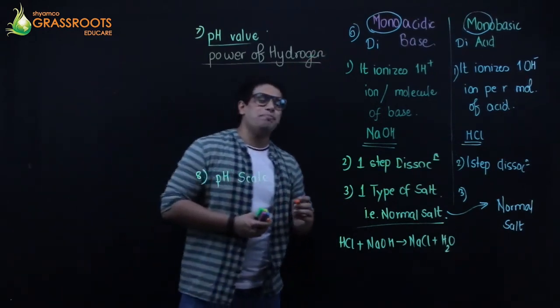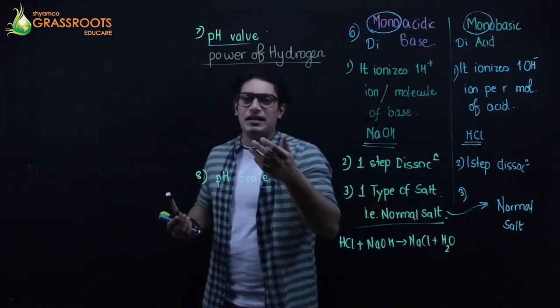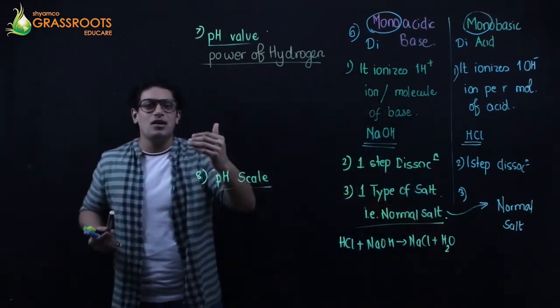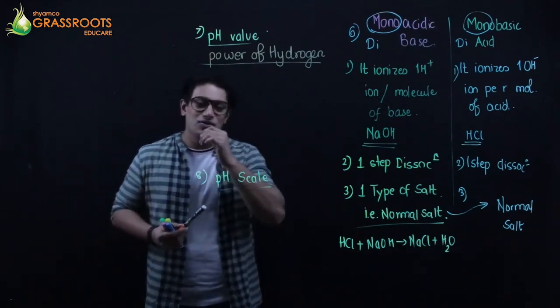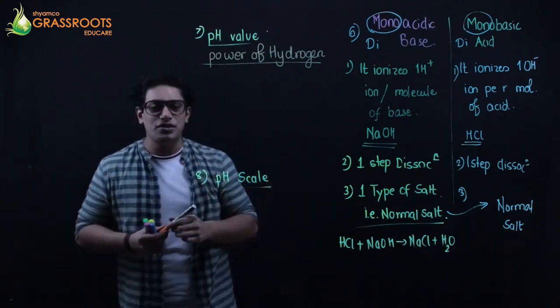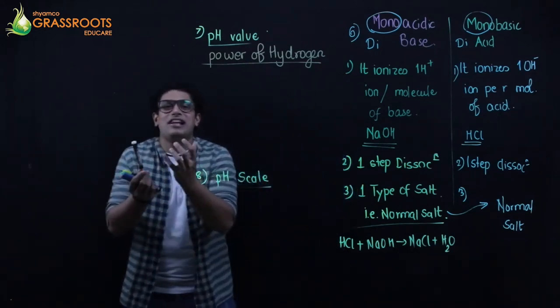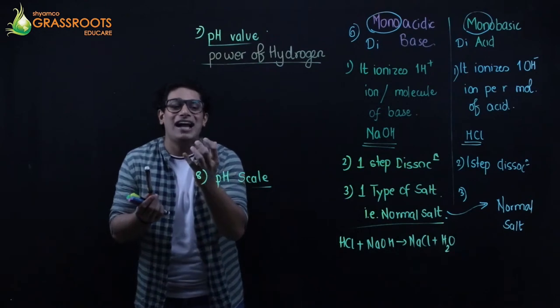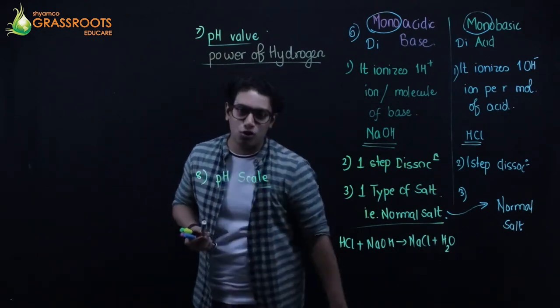Usually pH से पता चलता है that whether the substance is an acidic substance or it is alkaline in nature or it is neutral. So pH, the power of hydrogen, it is nothing but a relative concentration of hydrogen ions, hydronium ions present in the solution.